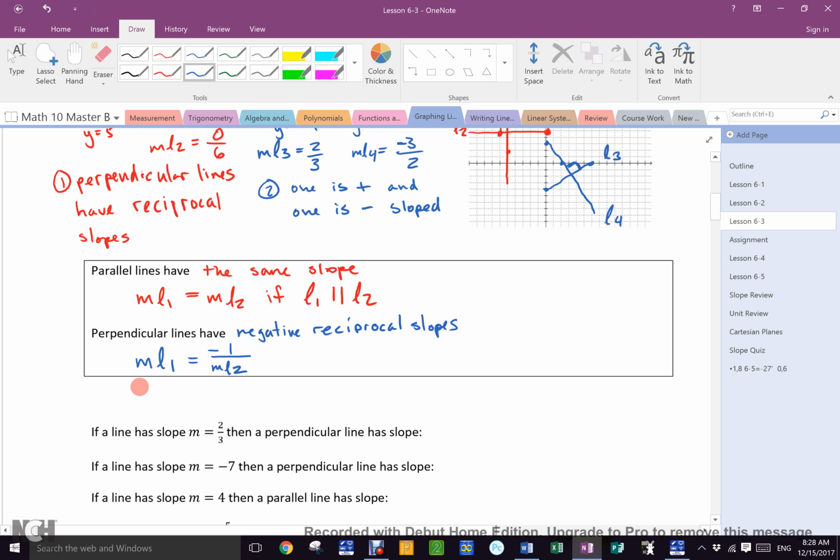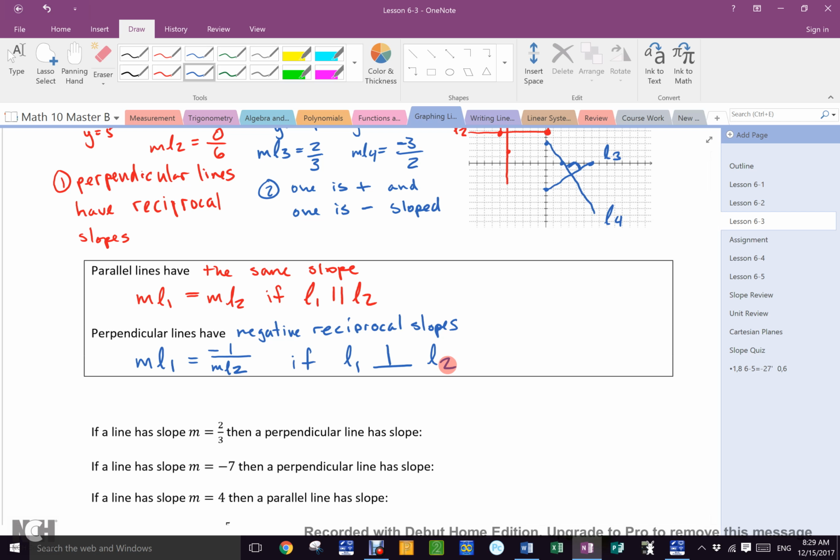Because the M of line 1 would be over 1, right? And that is true if line 1 is perpendicular to line 2. Is everybody good?